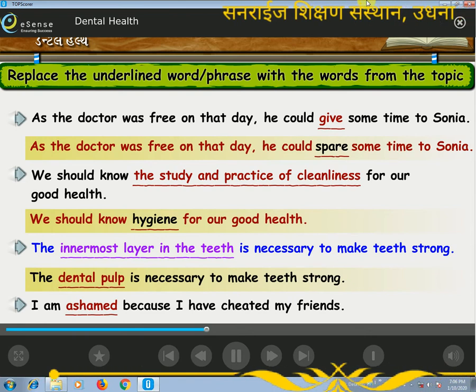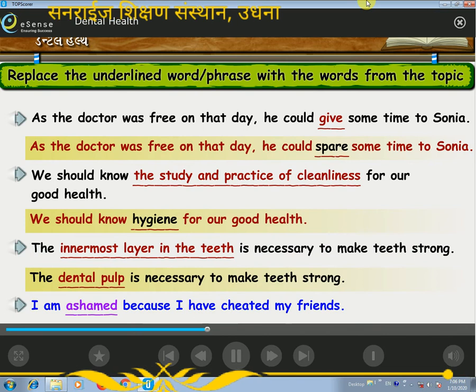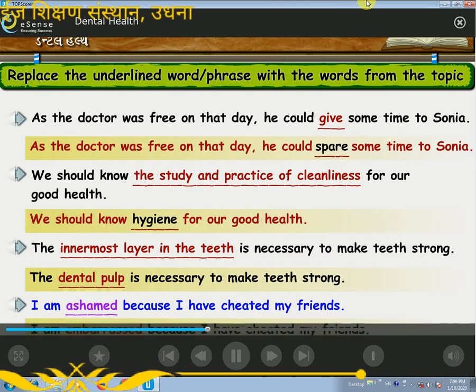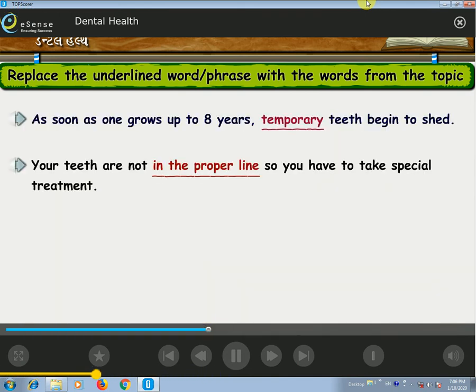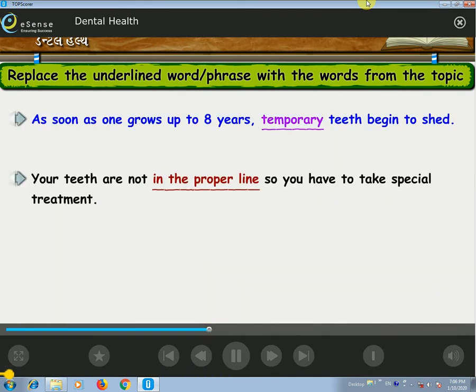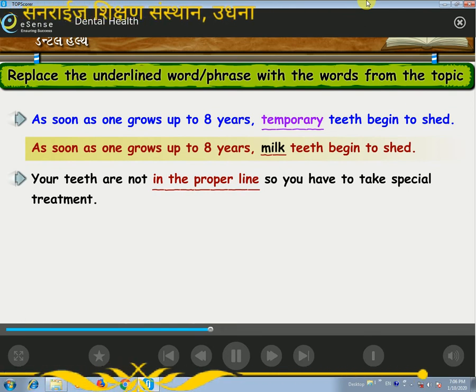As soon as one grows up to 8 years, milk teeth begin to shed. Your teeth are not in alignment, so you have to take special treatment.